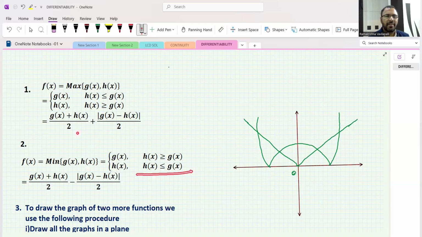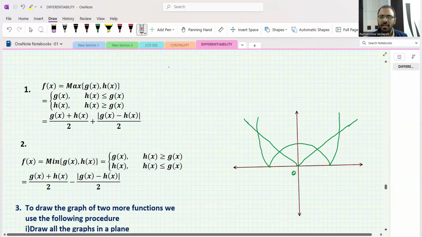The difference between the minimum and maximum of two functions is that for maximum we have addition and here we have a subtraction, but the expressions are the same: g of x plus h of x by 2 minus modulus of g of x minus h of x by 2.